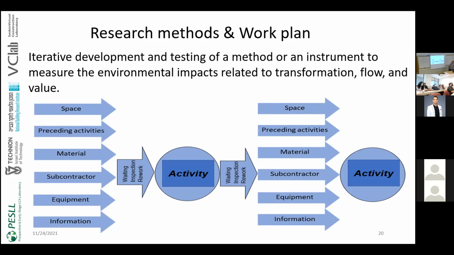So the prerequisites for any activity are the space, preceding activities, material, subcontractor, equipment, and information. Now, while these prerequisites are a flow for the activity, there are different types of waste in the way, like waiting, inspection, and rework. So all these types of waste consume resources and release greenhouse gases.